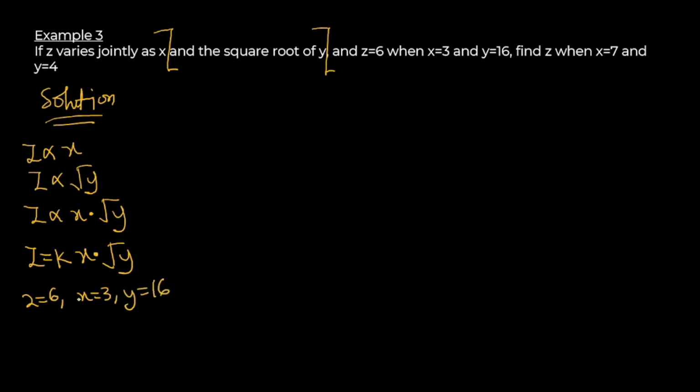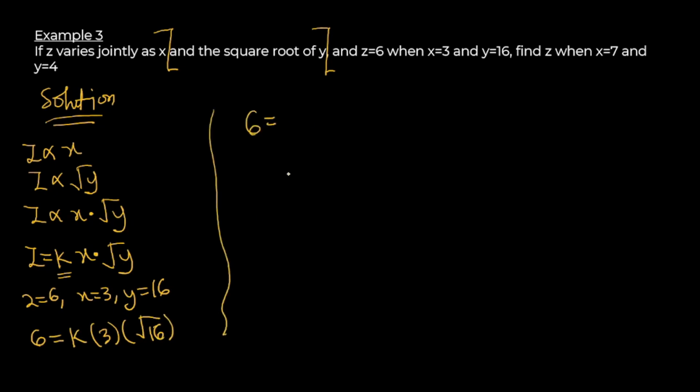So let's do the substitution to find the value of our constant. When z is 6, we have 6 is equal to k multiplied by x, which is 3, multiplied by the root of 16. We have 6 is equal to root of 16, which is 4, multiplied by 3 will give me 12.